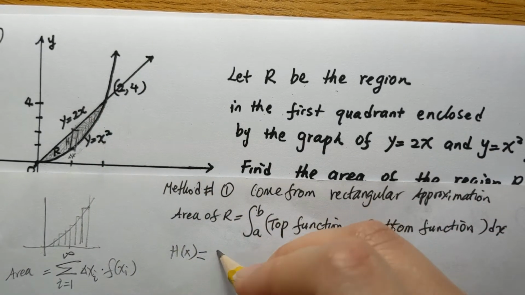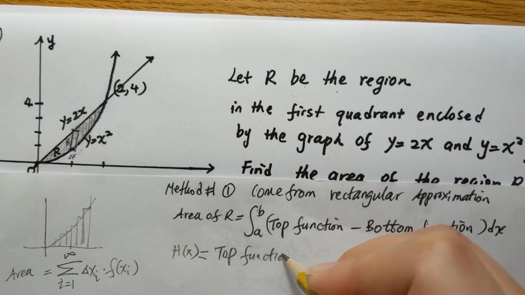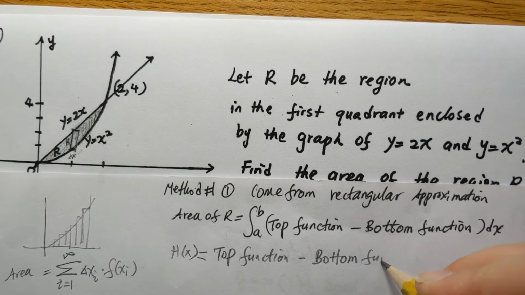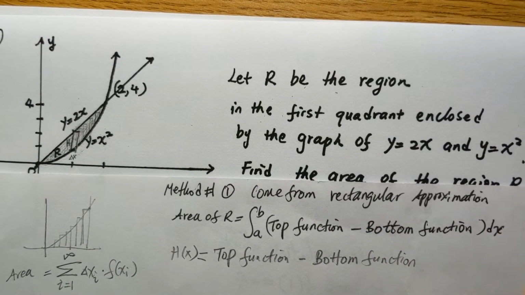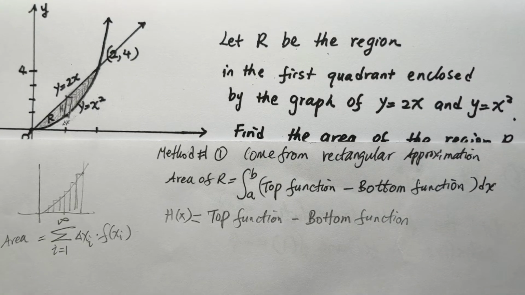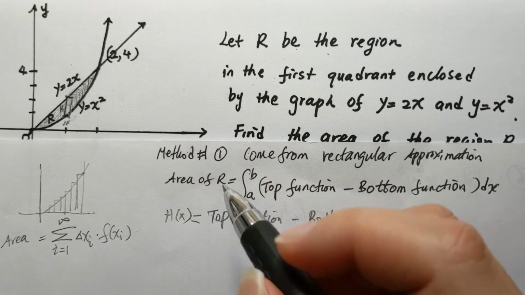So therefore we have to use the top function minus the bottom function. And then we say that delta x is the base.